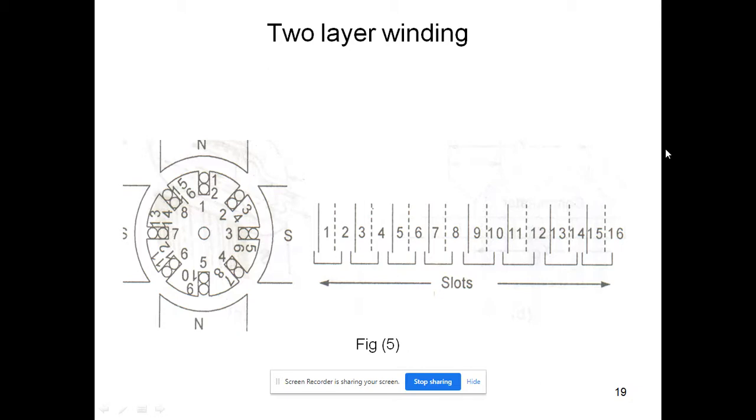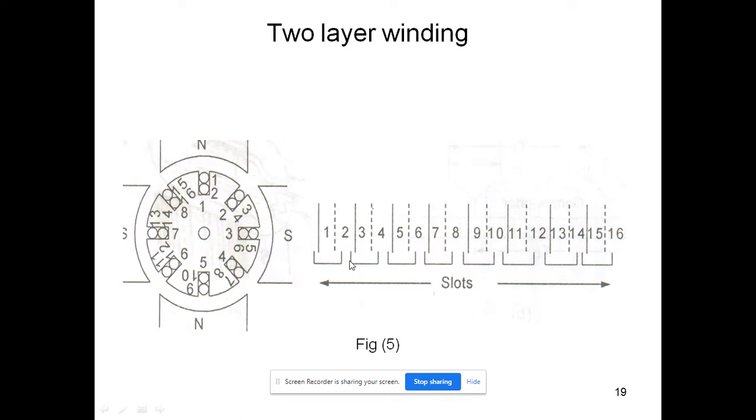Now, the next one is two layer winding. The name itself indicates that there will be two layers of winding in each slot, and you can observe this in the figures shown below.